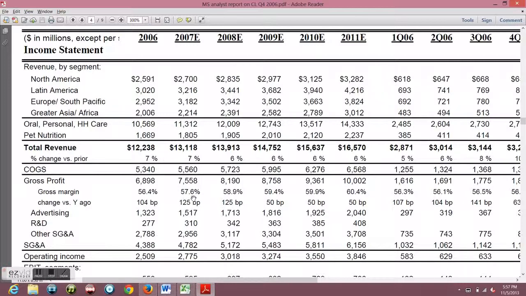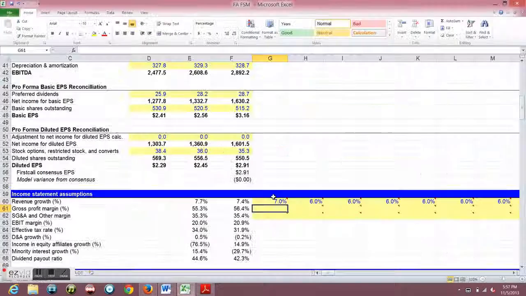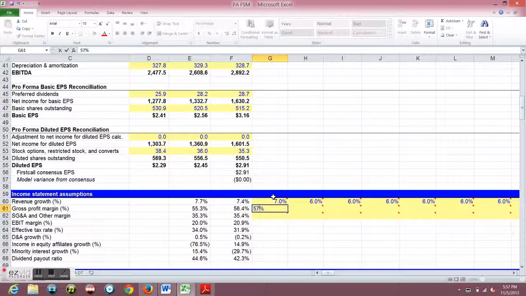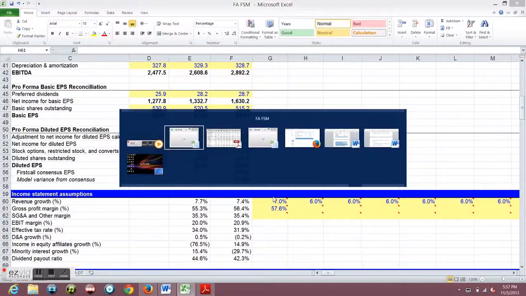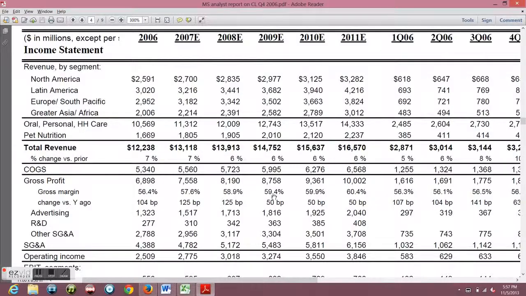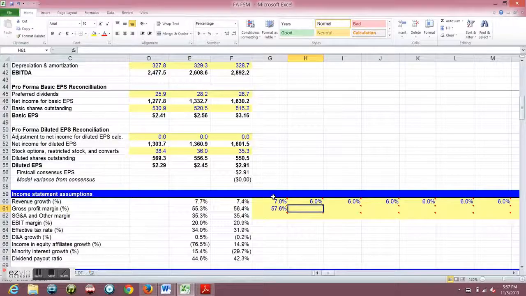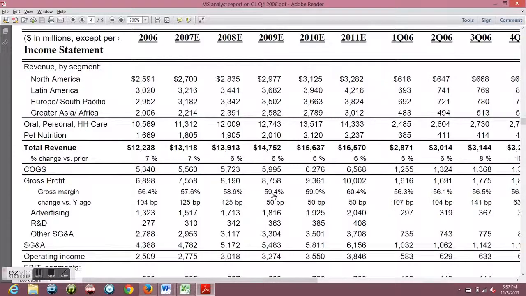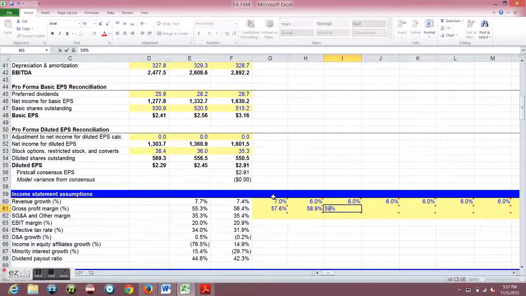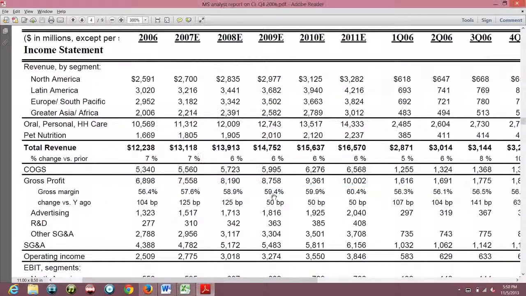So we're going to do 57.6, 58.9, 59.4, 59.9, and then we're going to get 60.4.